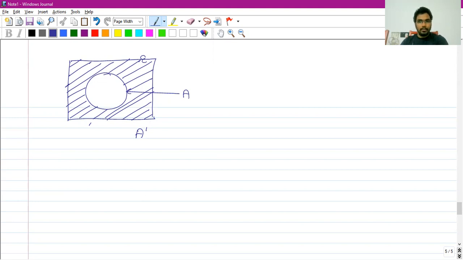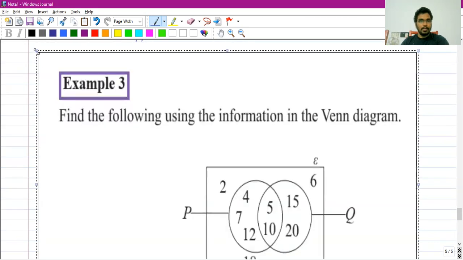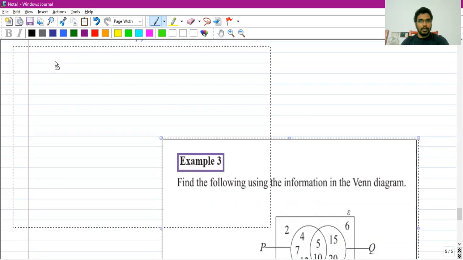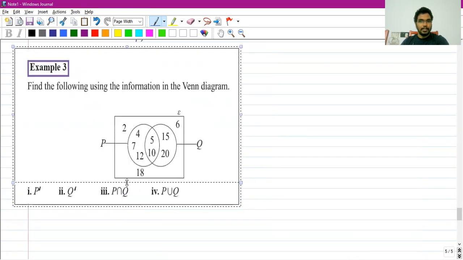So now shall we do another example? Yes, shall we do this example? So you can understand very well what we mean by this complement.